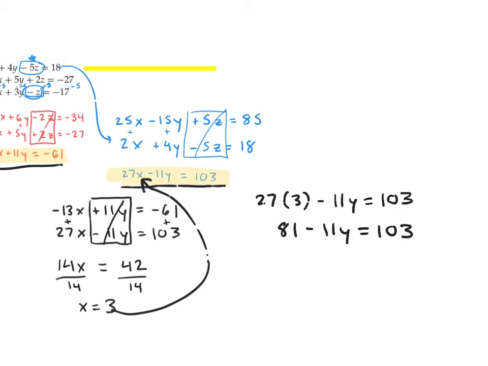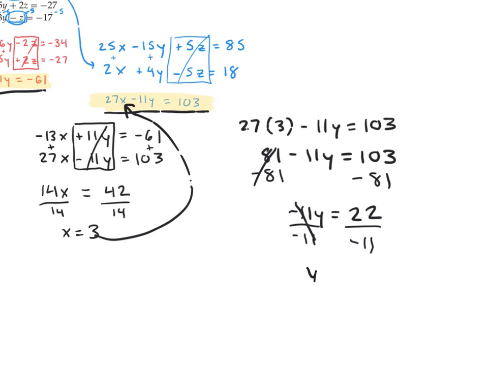Subtract 81 on both sides. So negative 11y is equal to 103 minus 81, which is 22. Now we divide by negative 11. These cancel. So y is equal to negative 2. Now we have x is equal to 3 and y is equal to negative 2.